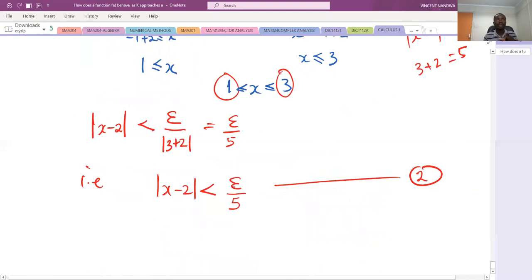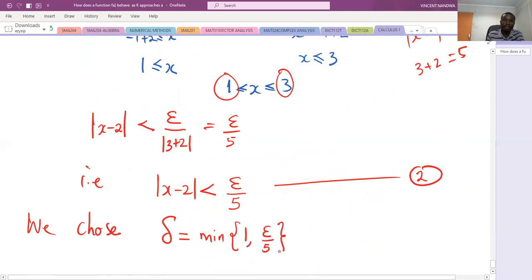Because we don't know the value of epsilon, to ensure that the delta we are picking is very, very small, we choose delta to be the minimum of these two values, 1 and epsilon over 5, because we don't know whether 1 is the smallest or epsilon over 5 is the smallest. So just choose delta to be the minimum of either the 1 that we assumed or this epsilon over 5. Then we are done.